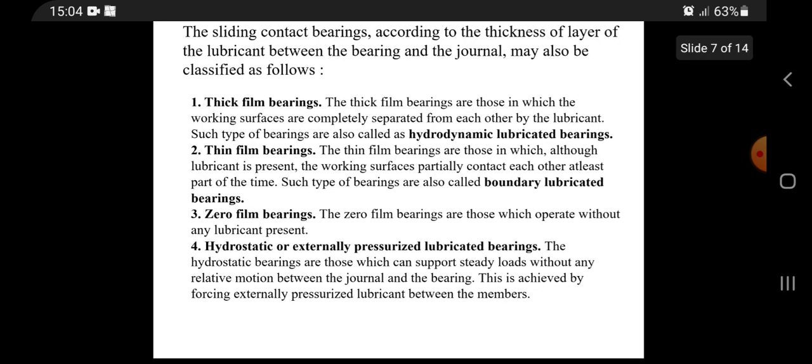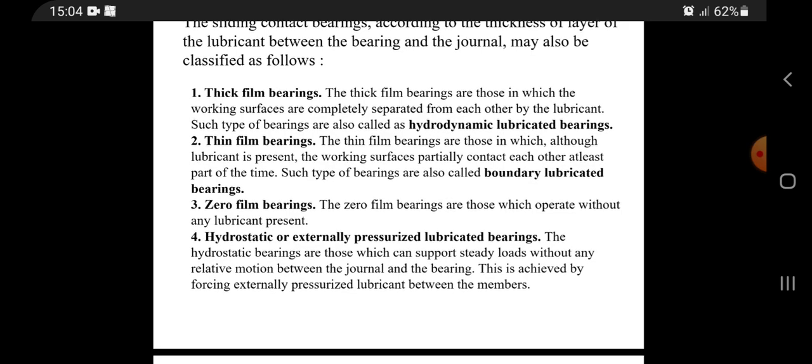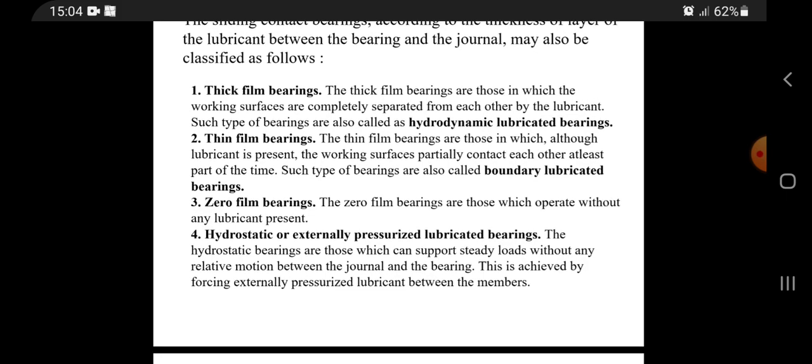Thick film bearings are those in which the working surfaces are completely separated from each other by the lubricant. Such types of bearing are also called hydrodynamic lubricated bearings. Thin film bearings are those in which, although lubricant is present, the working surfaces partially contact each other at least part of the time.